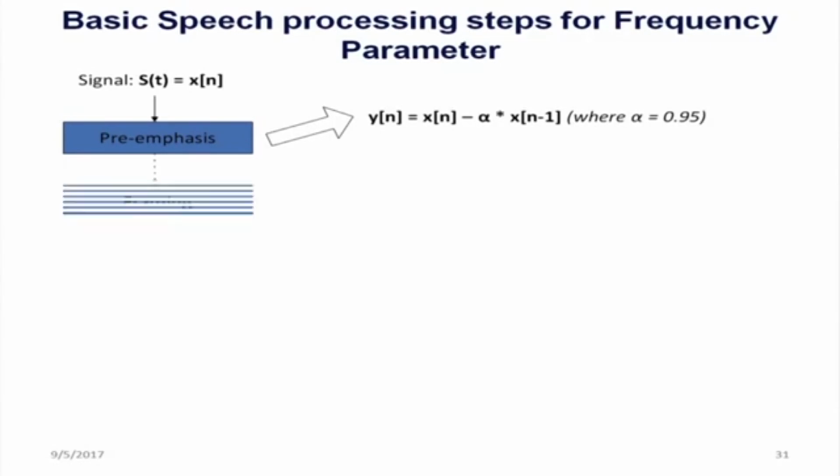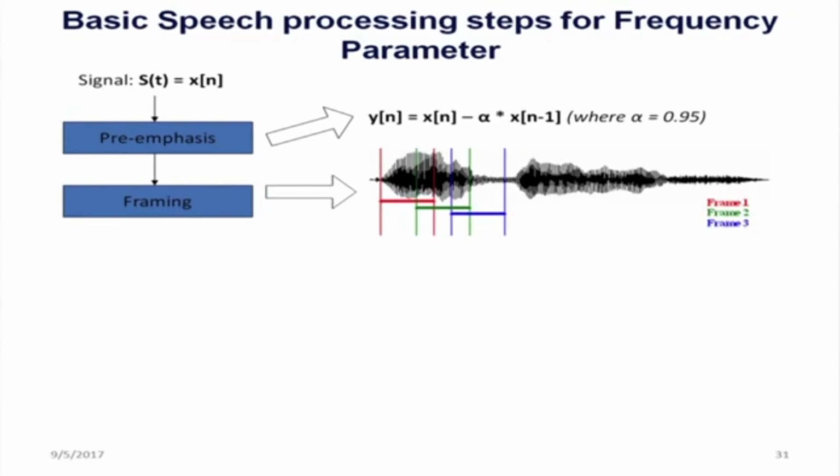Then I do the framing. What kind of framing? I have a speech signal, I put the window length, one window from red to red, then I shift the window. If it is a 20 millisecond window with 10 millisecond shifting, then there is 50% overlap.